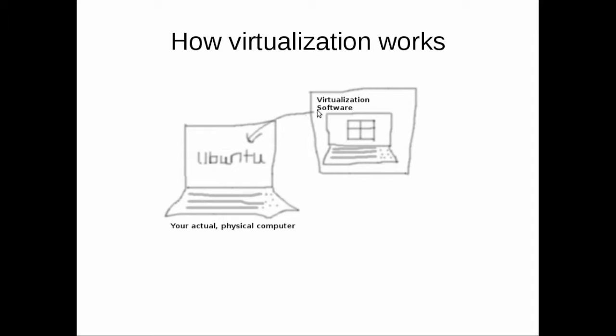So when I use this virtualization software, it is going to create a fake network device card, a fake keyboard device, and a fake screen device. The guest operating system running inside this virtualization software will think that it is actually running on real hardware, and that is how we achieve the emulation or virtualization of a Windows machine inside our Ubuntu machine.